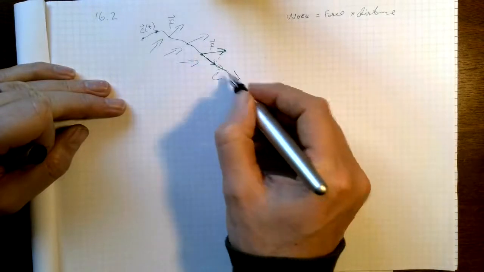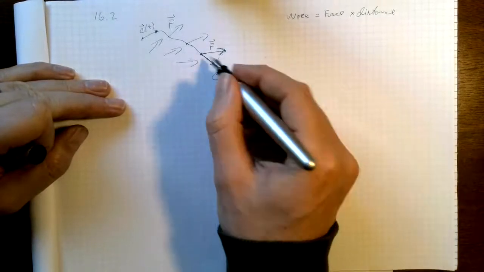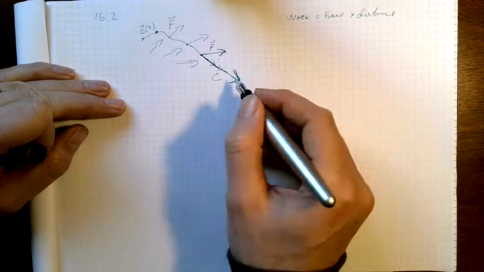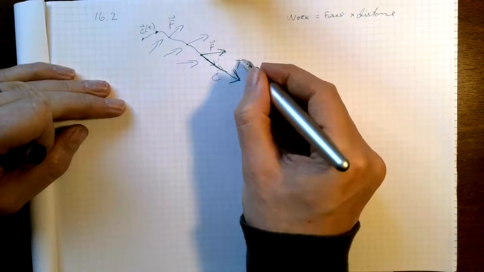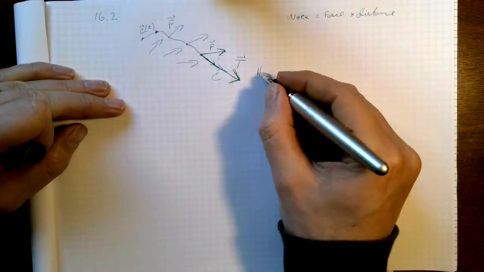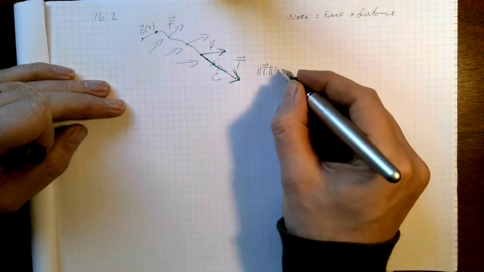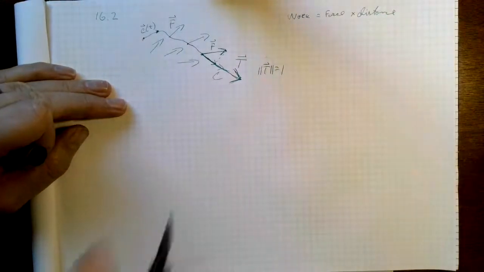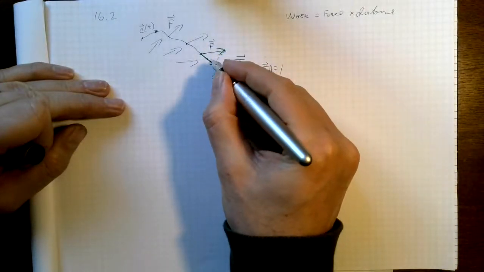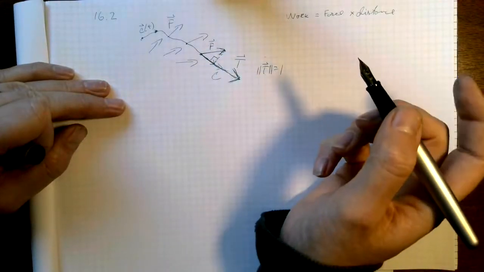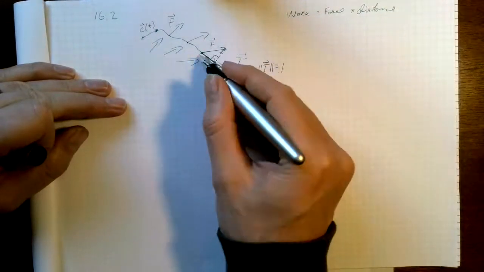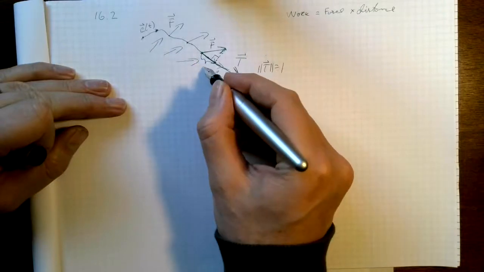Maybe this is length 1, this vector over here. Let's call it T. It's a unit tangent vector, so T is of size 1, and it's pointing in the direction in which we're traveling. Then we want to project our force onto this tangent direction.